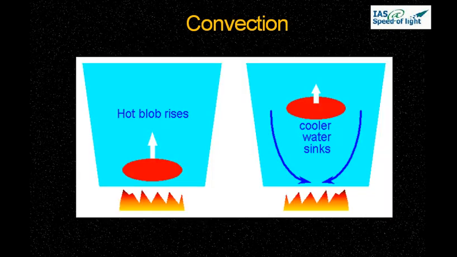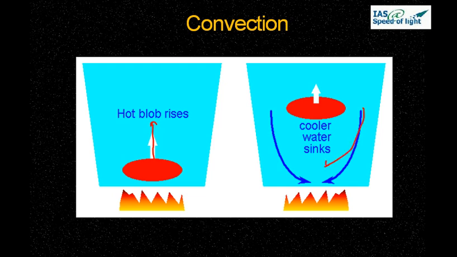Then we talk about convection. In this utensil, we can see this flame, this warming we are providing from below. And what happens is the water above this hot gas is getting less dense, and being less dense, it starts rising up and slowly cooling off, and then it starts sinking.